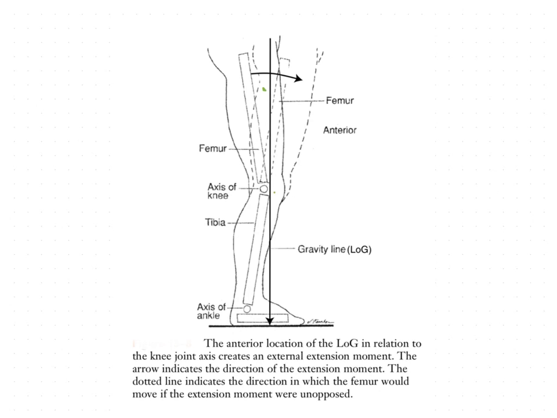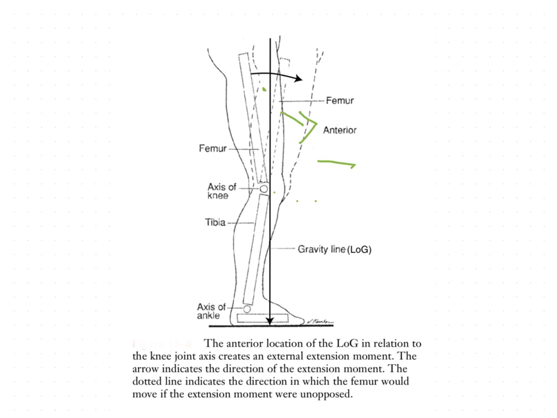See the position, the dotted lines show the movement. There is an anterior movement of the proximal segment, the femur. Once the femur moves in the anterior direction, it causes a knee extension moment. Therefore the moment of force is called an extension moment.